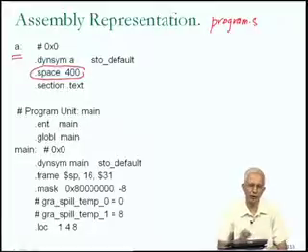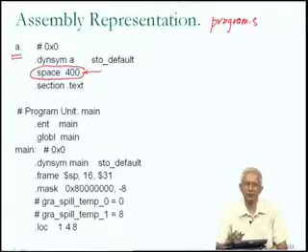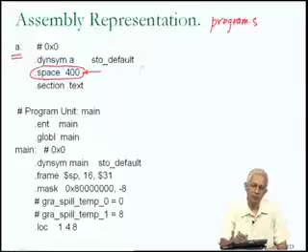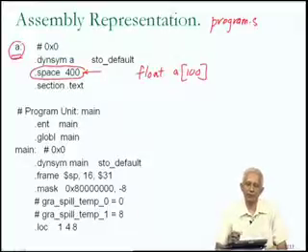Once again, it starts with a dot, so it's an assembler directive. But from the name, you would guess that this is a directive which is requesting some space to be allocated. And in this case, the number of bytes of space being requested is 400, which seems easy for us to understand, given that the A that we're referring to here must be the array A that we had declared in our program.